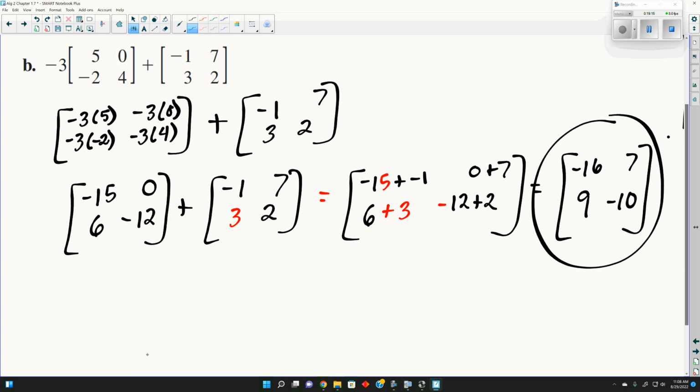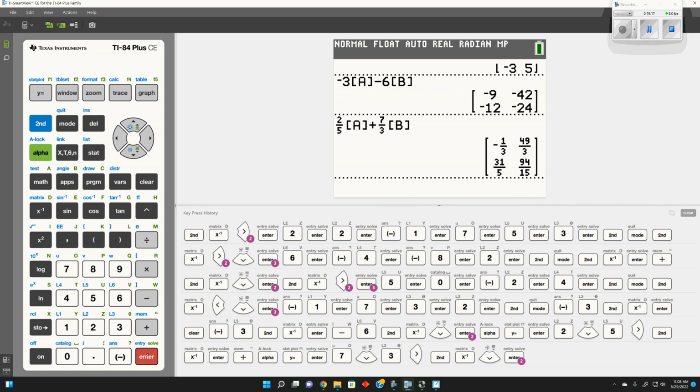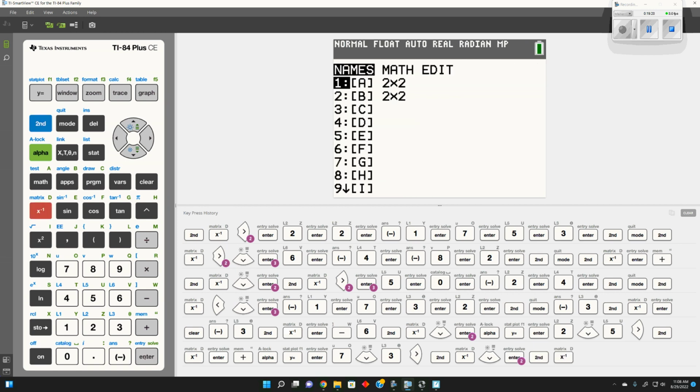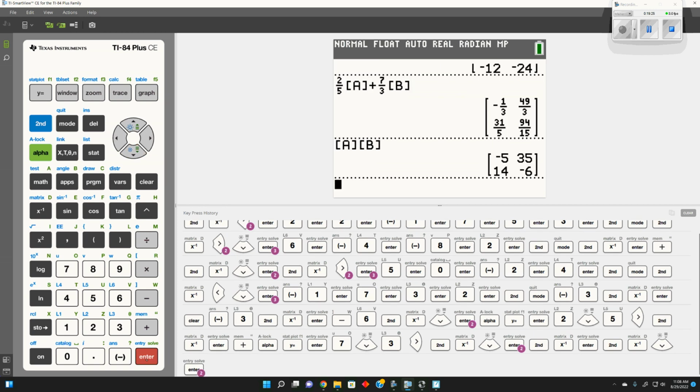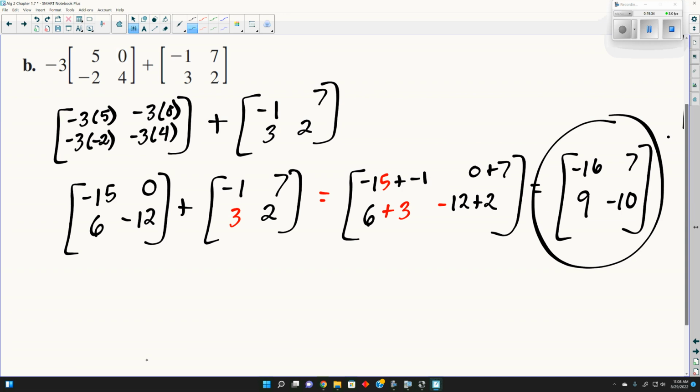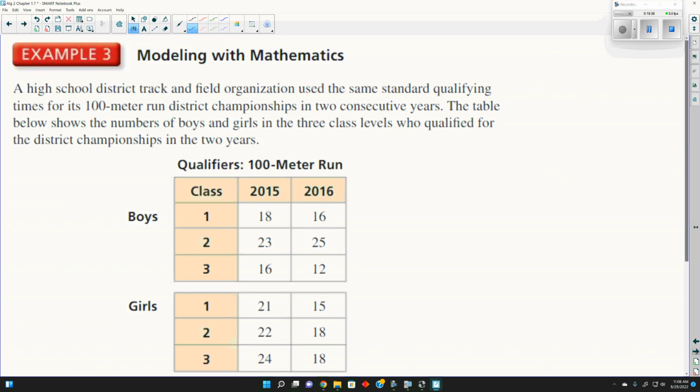I mean, we can still do multiplication with matrices, because I can say second matrix A, second matrix B, and we can multiply them together, and the calculator will do that. Even though we haven't gone over it yet, it will still do the multiplication for us. And that's it.